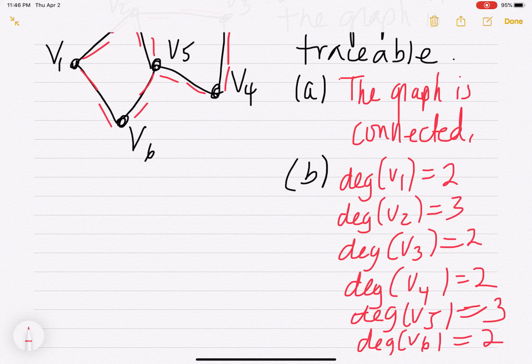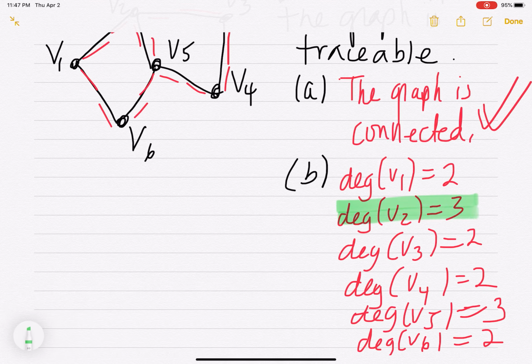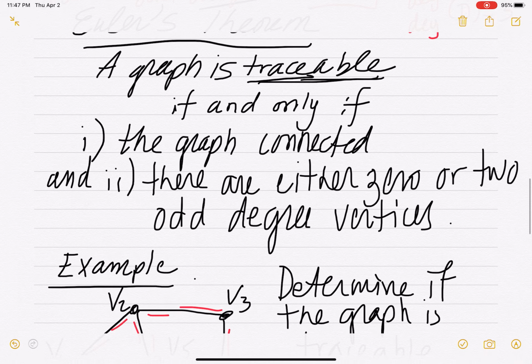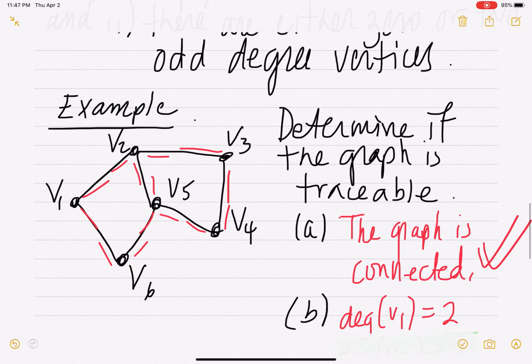Now, it's connected, and when you look at the degrees, there are 2 of odd degree, right? 2 of odd degree. All the rest are even. So since there are only 2 of odd degree, remember, a graph is traceable if and only if it's connected, and there are either 0 or 2 odd degree vertices, so there are 2.